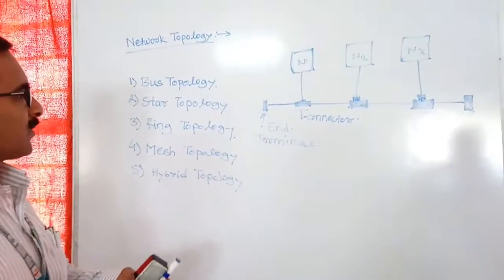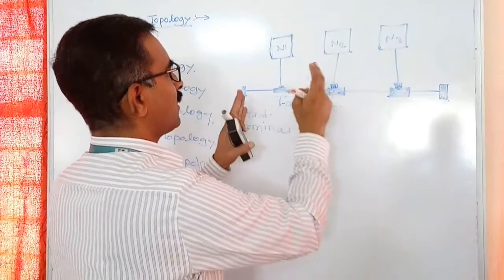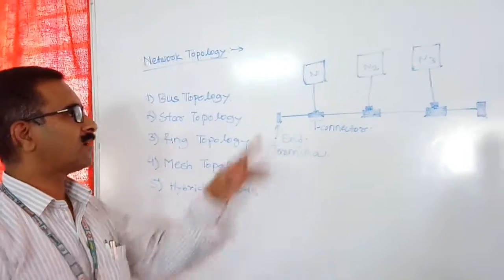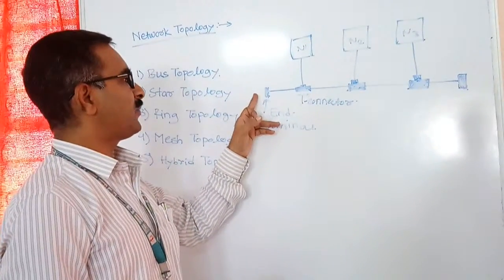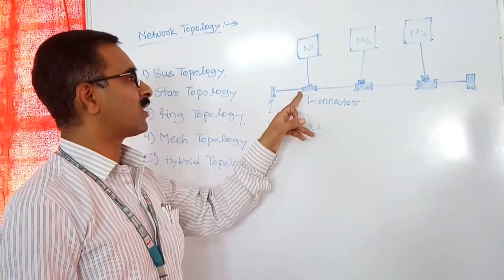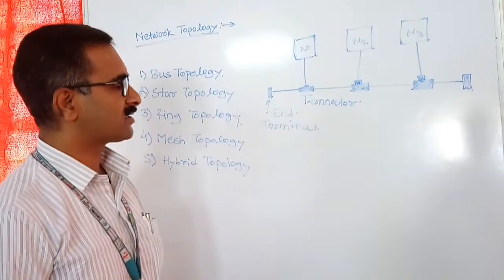This end terminal shows that whatever devices are connected here are considered in the bus topology. If you want to extend this, you have to add one more T connector, and you can extend the connection to the next computer.